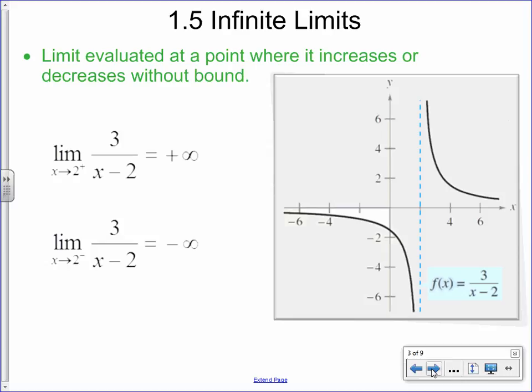So we describe that limit as positive infinity. It still doesn't exist, but we can say we're unbounded to positive infinity. The limit as x approaches 2 from the left, on the left of our asymptote, we're going towards negative infinity.